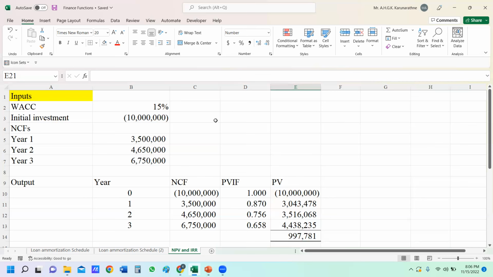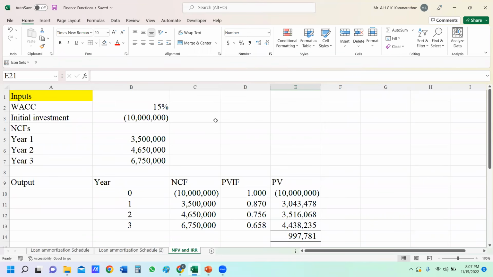You can remember, we prepared a loan amortization schedule without using IPMT, PPMT or PMT, using our financial formulas and Excel simple formulas. So when it comes to computing net present value, again, we will see how to compute it without using the relevant financial function.